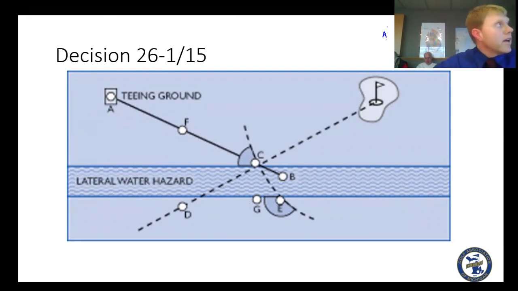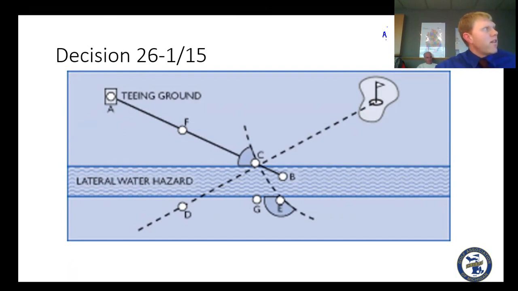So you've got the player that's hitting from point A, they hit it, and it goes to point B here. They can play it from point B. You can take 2 club lengths from point C, which is where they last crossed the margin of the lateral water hazard, 2 club lengths, so in that shaded area there.